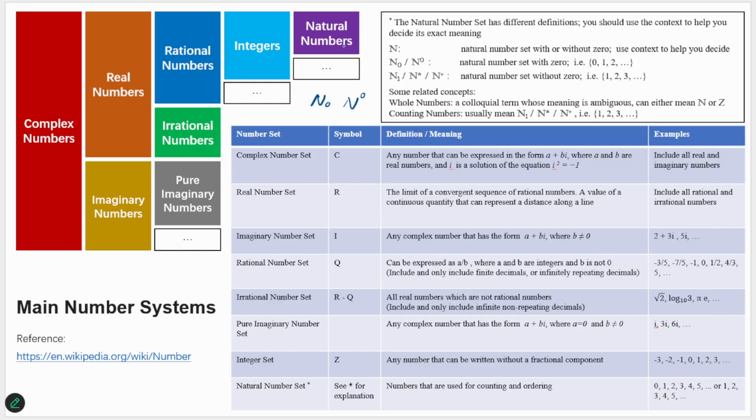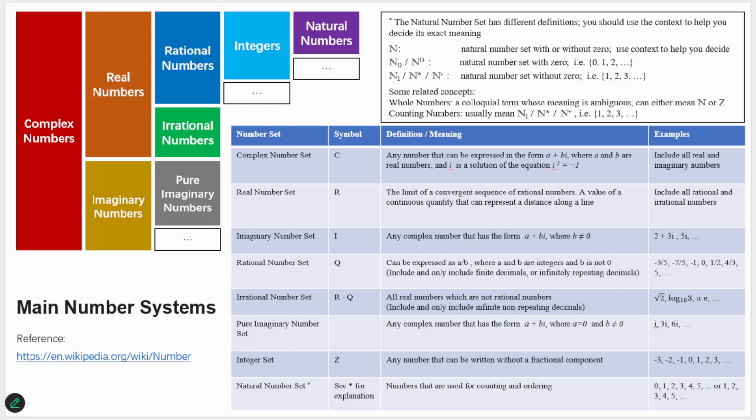And use N1 or N star or N plus, these three notations, to denote natural number set without 0. Okay, and natural number set is closed to addition operation, right? Which means if you pick two arbitrary natural numbers, add them up, and then the new number is also within the natural number set.